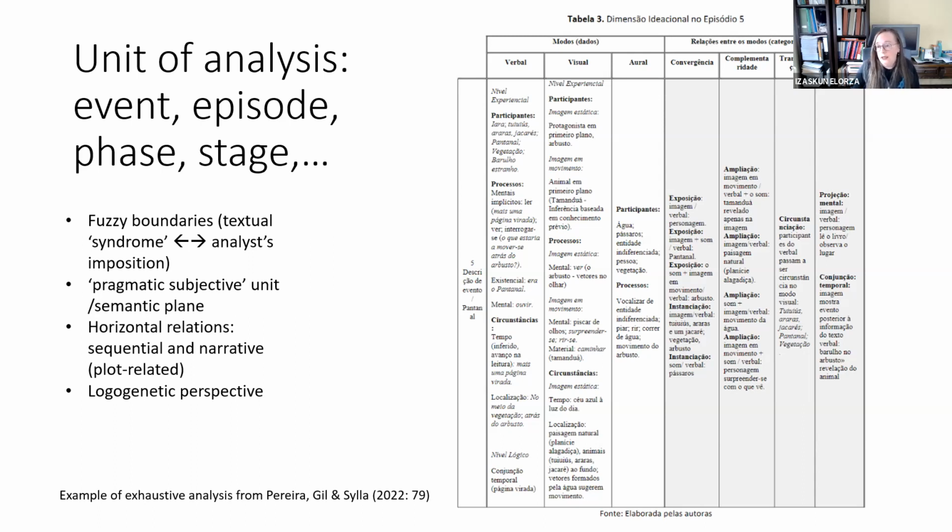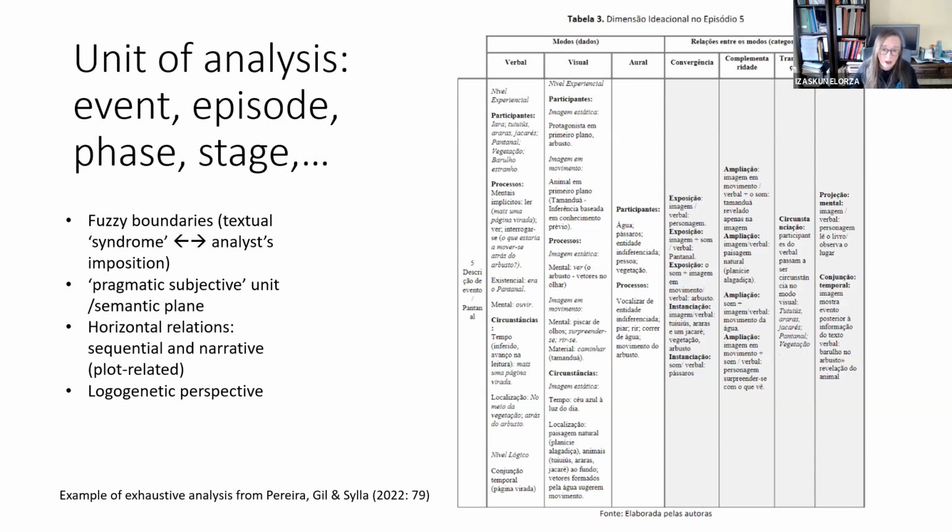It is not that subjective, if you want, because of course we are relying on the objectivity of the text, which is to say that we can identify congruent, systematic and consistent elements that tell us when there is a transition from one episode, one stage, or one phase to another, for instance.